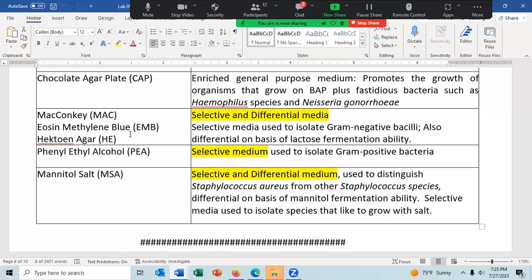It's selective in that only organisms that can grow at fairly high salt, I think it's 7.5% salt. And then it's differential on the ability of the bacteria to ferment the sugar mannitol.